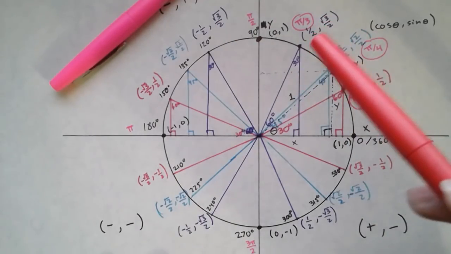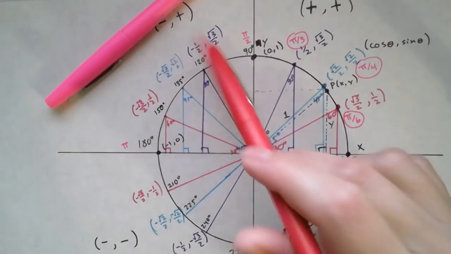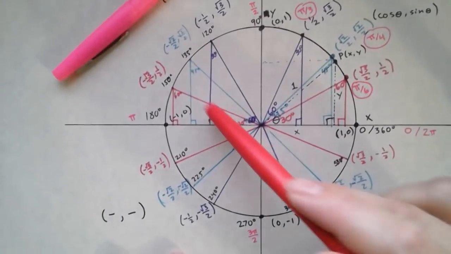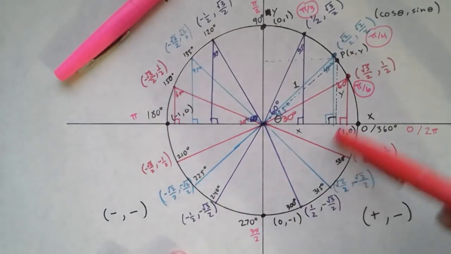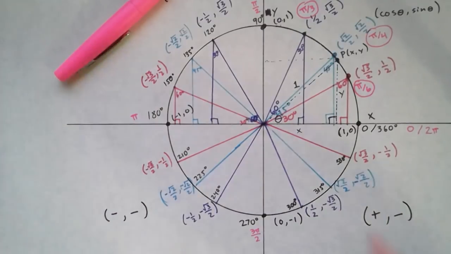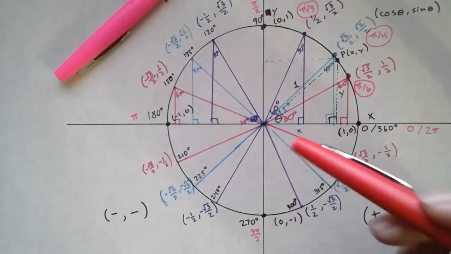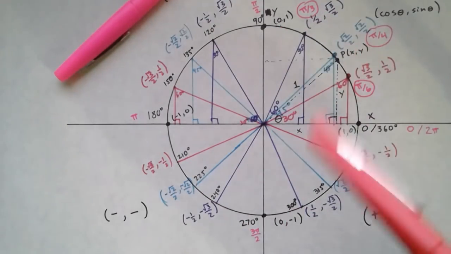It's just the sign that changes. First quadrant, they're both positive. Second quadrant, your x coordinates would be negative. Here they're both negative, and here x is positive and y is negative. So that's really all the trick to it. If you can memorize the first quadrant, you can do the rest of the quadrants, no problem.